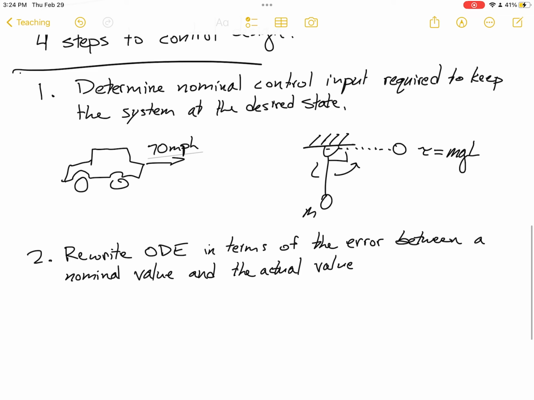And it's this error that's going to give us more information about the force that we need to apply, or the voltage that we need to apply, or the input that we need to apply to get to our nominal value.